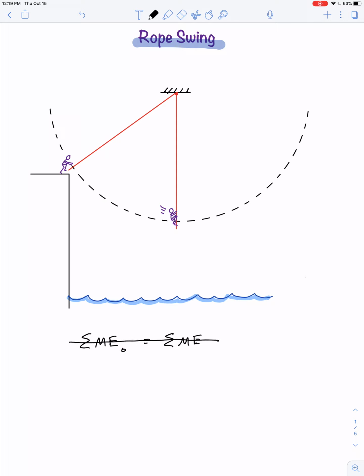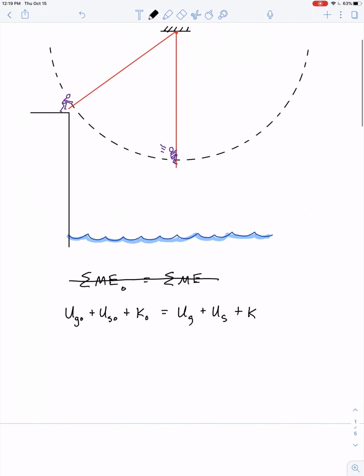In more detail, if we add the initial gravitational potential energy plus initial elastic potential energy plus initial kinetic energy, it equals final gravitational potential energy plus final elastic potential energy plus final kinetic energy.